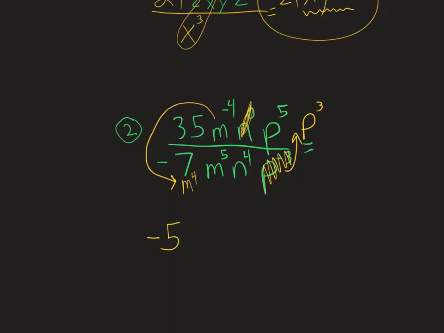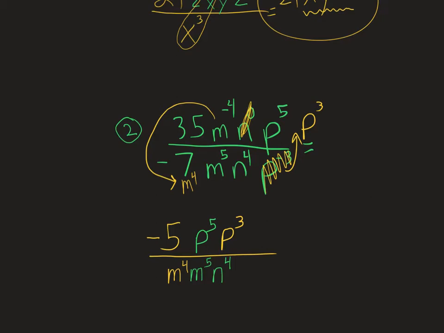So now that's not fractional anymore, but there is stuff on bottom, so I do need a fraction, and I'm just going to copy stuff. The M4 moved to the bottom. I had an M5 that was already there. I had an N to the 4th that was already there. And on top, there was a P to the 5th that was already there. And I moved the P3 up to get rid of its negative. So that's the problem without negatives.